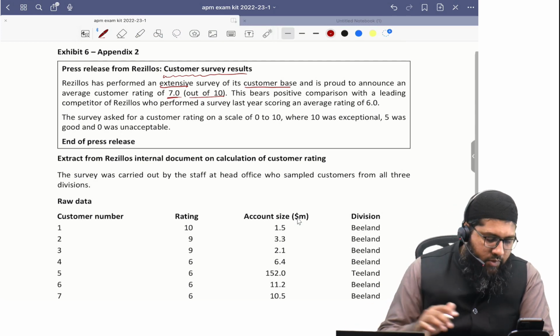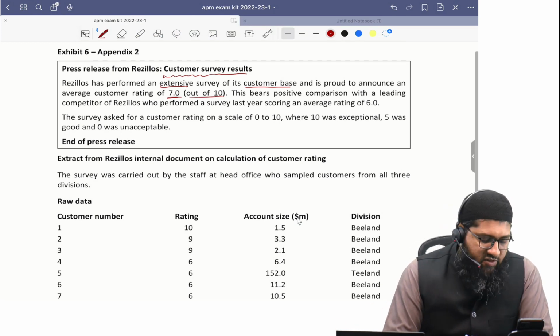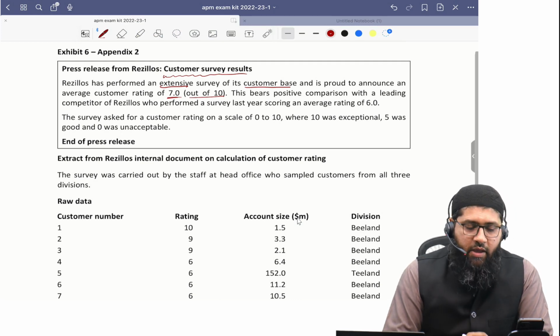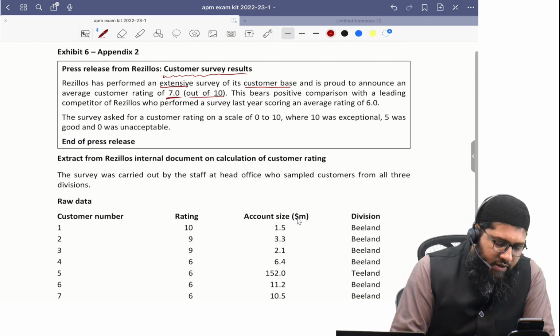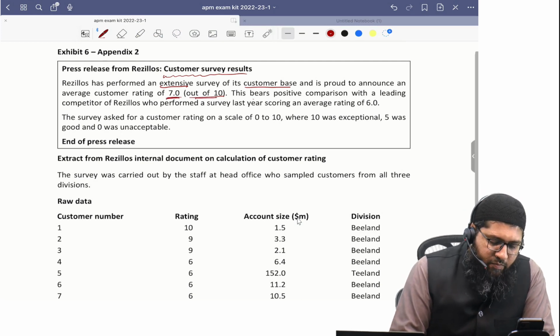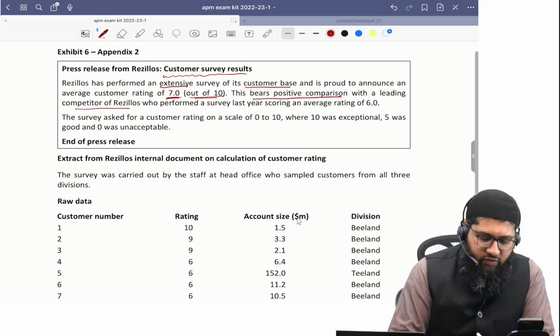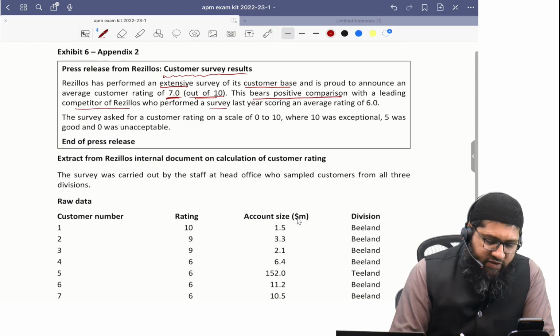Okay, sorry again. It says Reselos has performed an extensive survey of its customer base and is proud to announce an average customer rating of 7 out of 10. This bears positive comparison with a leading competitor of Reselos, who performed a survey last year scoring an average rating of 6.